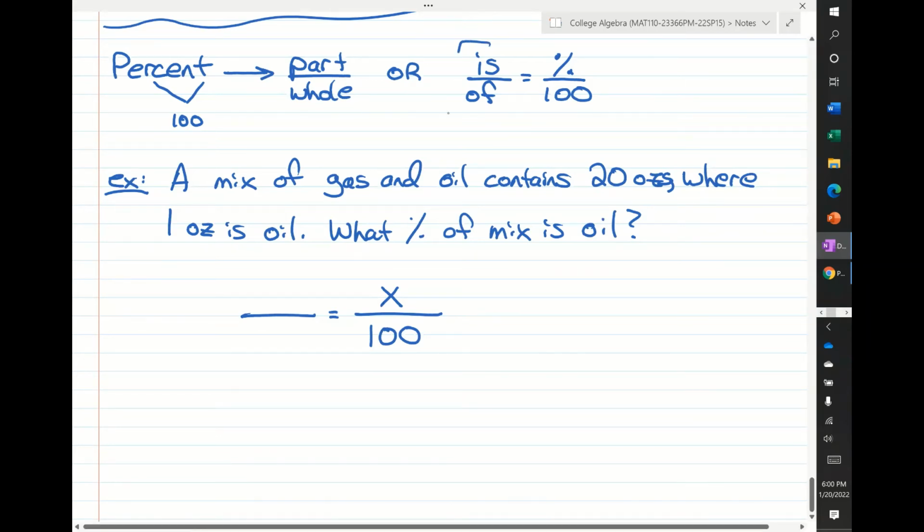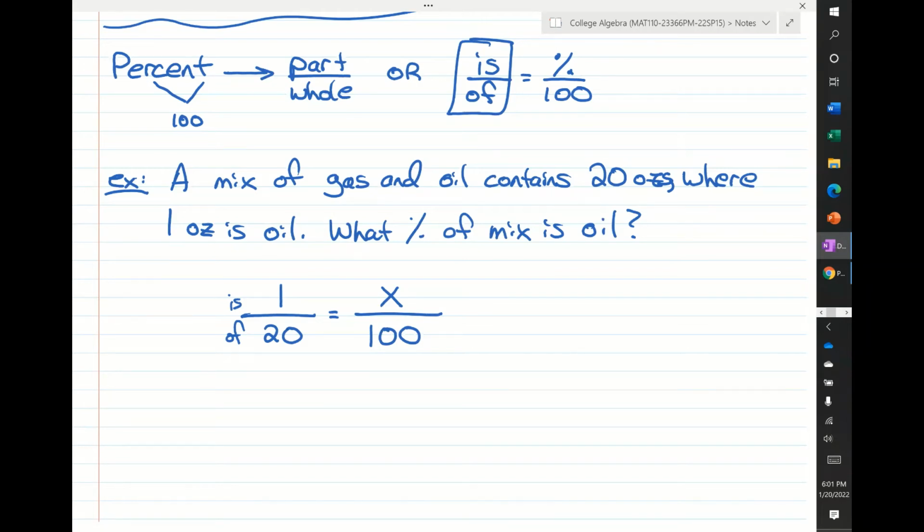I'm going to write is over of. What number goes where? You could think about it as is over of. What percent of the mix is oil? 1 ounce of oil. Or even part of a whole. Part of 1.